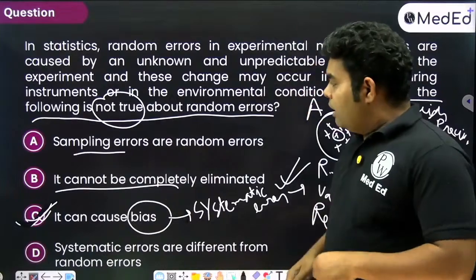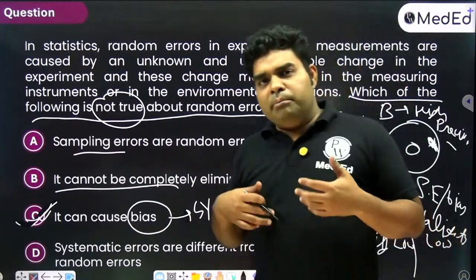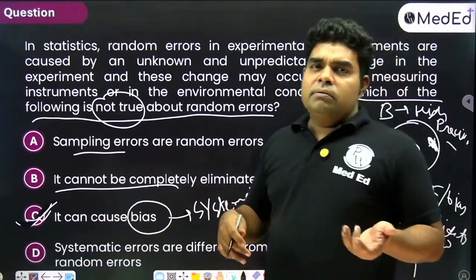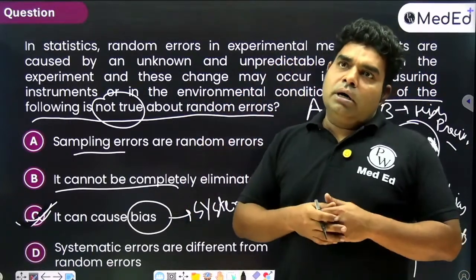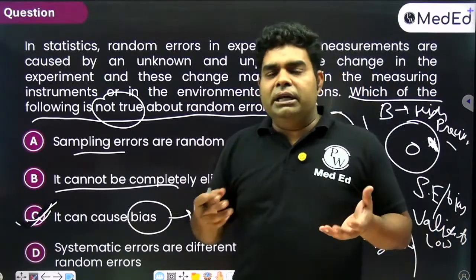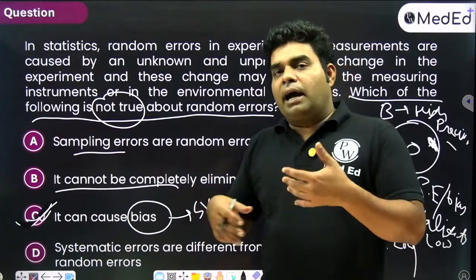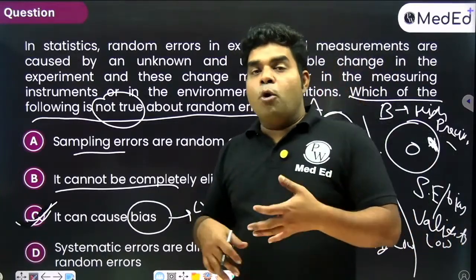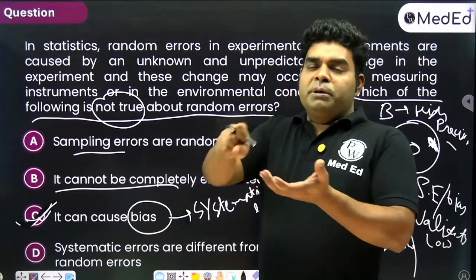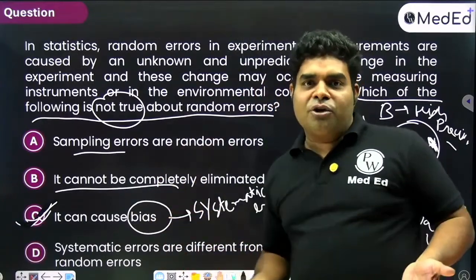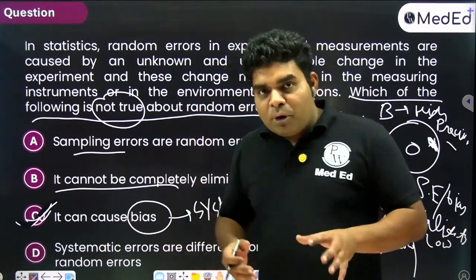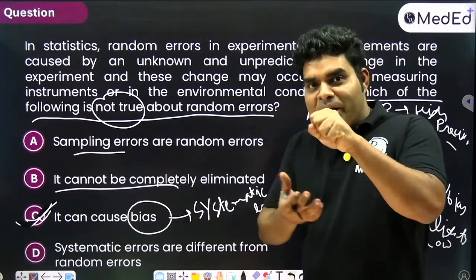And sampling error can occur due to random choices also. Suppose you are choosing a sample in a class, and you want to know how many smoke. So you randomly choose people, and out of 10 you got 9 smokers, and the answer came that smoking is very high in the class because all the 9 people you chose randomly were smokers.